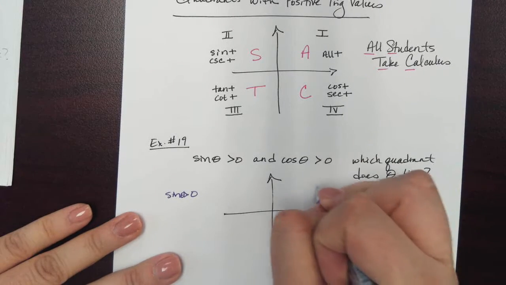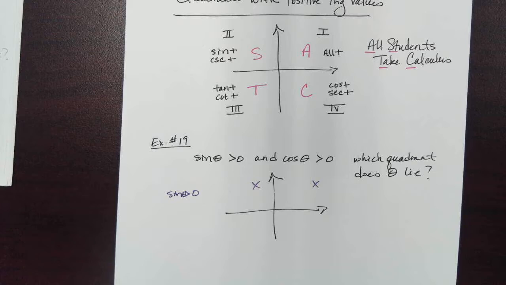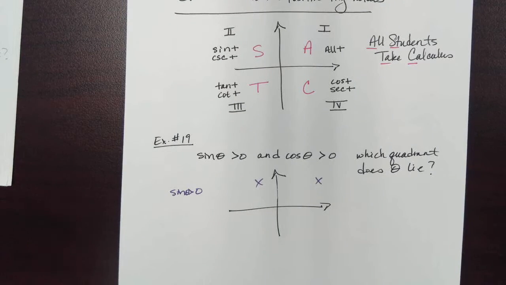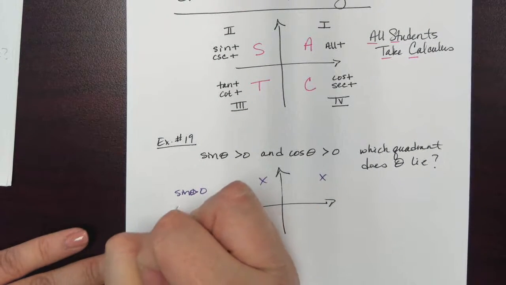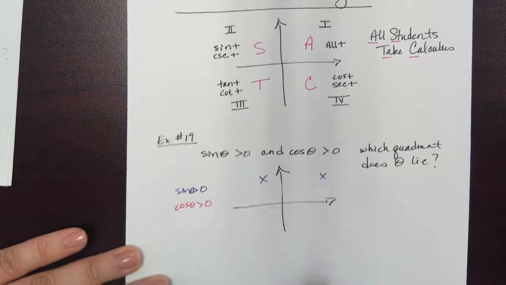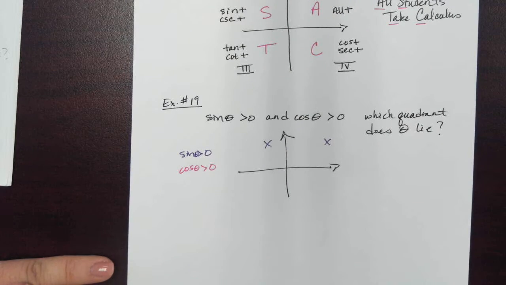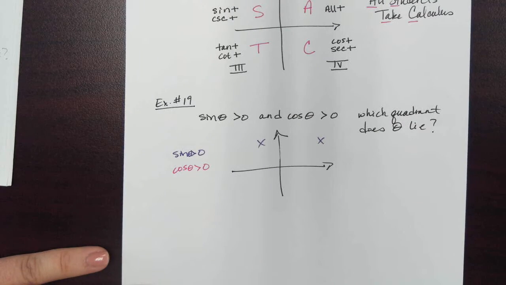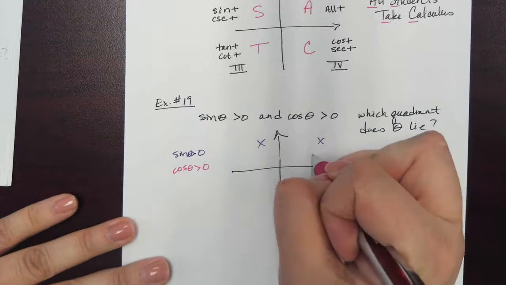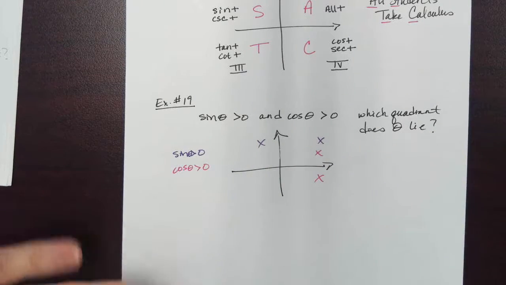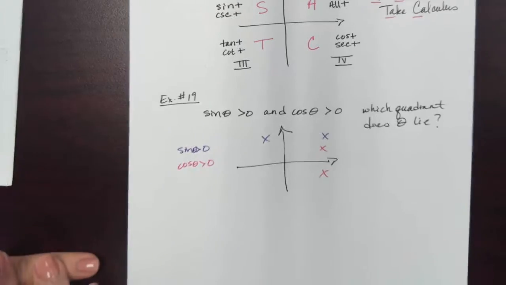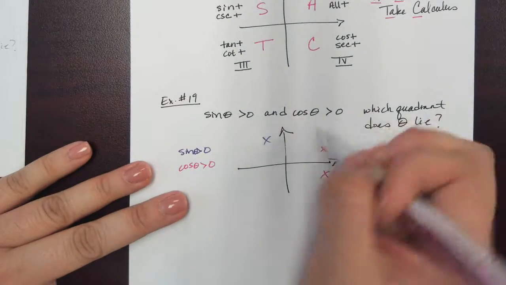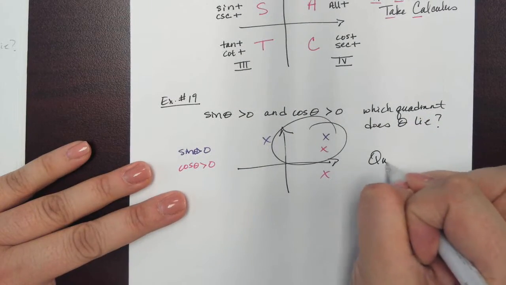So I'm going to put an X and an X. Cosine theta greater than 0. In which quadrants is cosine greater than 0? 1 and 4. So let's put an X and an X. The one where they both overlap is the quadrant that they lie in. So the answer is quadrant 1.